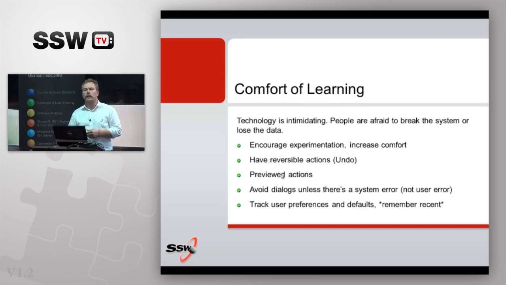That really helps. You'll see in Word, you have the styles. When you hover over them, your style changes. When you have a table and you hover over one of the table formats, you see what it looks like before you've even clicked it. It can be a bit disconcerting the first time you've seen it, but I think it's been seen as fairly successful. Dialogues and tracking user preferences.